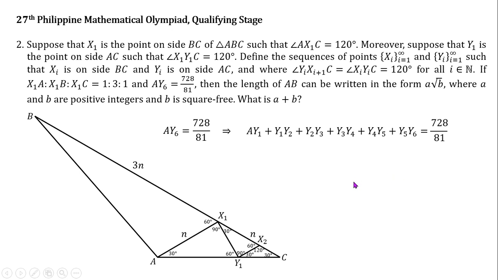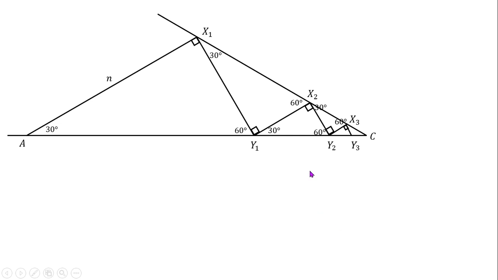Alright, let's focus on this part of the diagram. Now, in this part of the diagram, I've extended drawing the angles stated in the problem. Now, let's apply the tool that I have discussed earlier. Now, focus on this triangle.